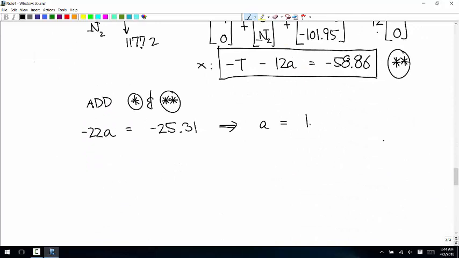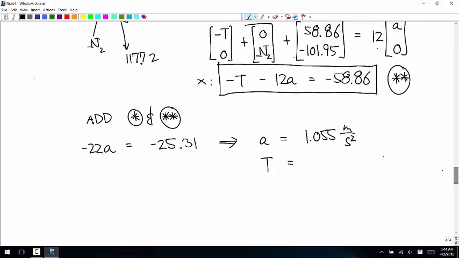So a is 1.055 meters per second squared. And then you can calculate T. What do you get for T? Newtons.